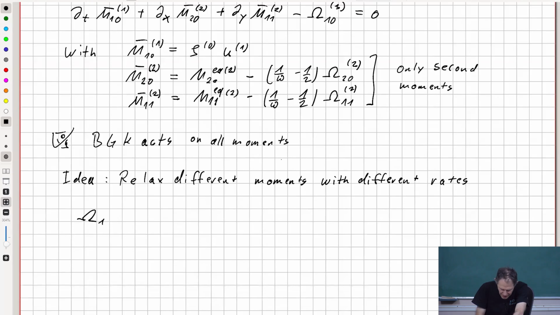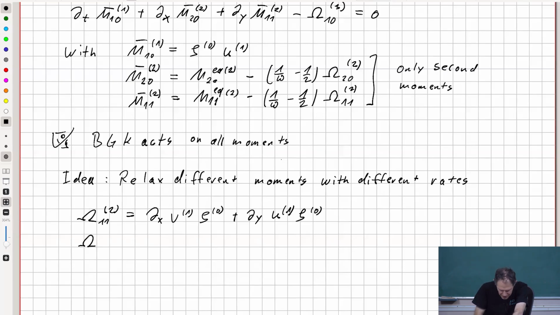So we said that there's this omega 1 to second order. This actually has the value, if you remember, dx v to the first order and rho to the 0 order plus dy u to the first order and rho to the 0 order.